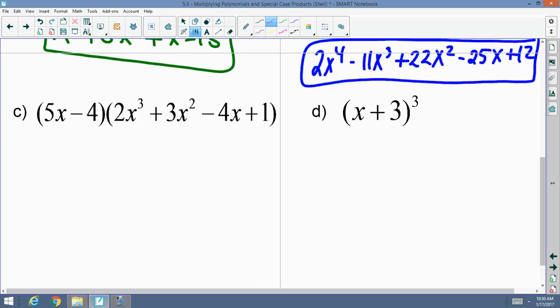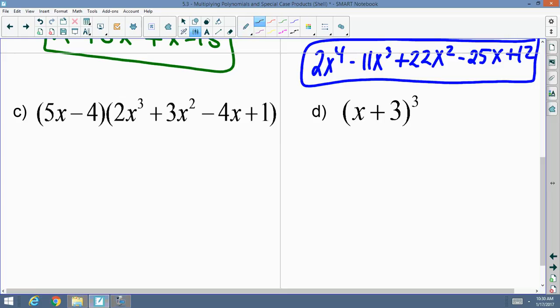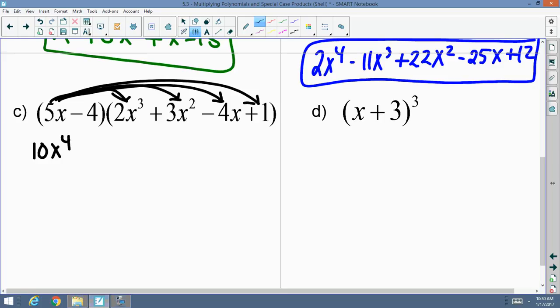Same exact thing. I'm going to multiply 5x to every single term of the other polynomial. I don't care how many terms there are. So I've got 10x to the fourth, then plus 15x cubed, minus 20x squared plus 5x.